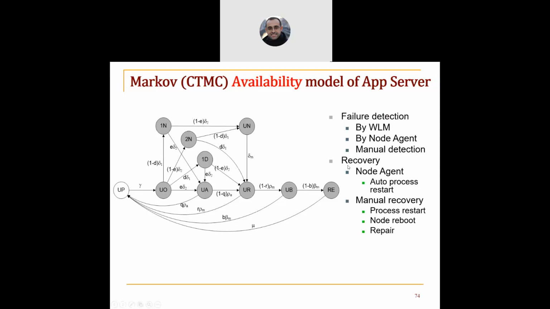We also found that recovery after a failure is detected can be done by node agent by means of auto process restart, or manual recovery can be done by manual restart, node reboot, or node repair.